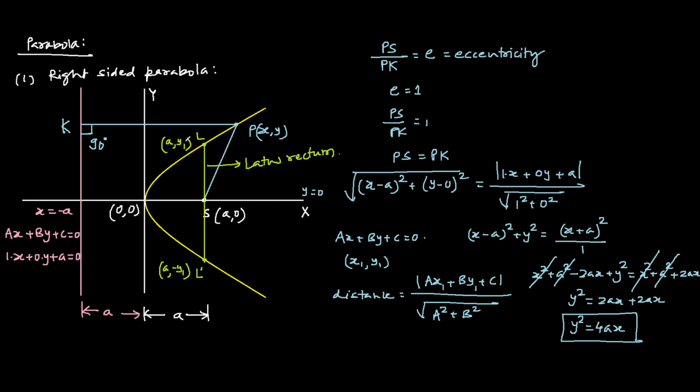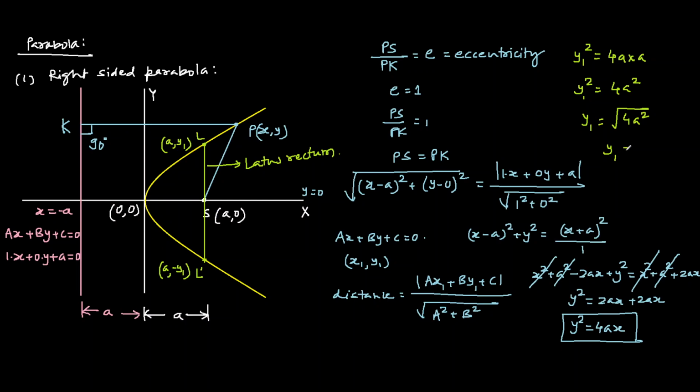So substituting this a, y1 in this equation, we have y1 square equal to 4a and x is a. So y1 square is 4a square. So y1 is the square root of 4a square. It means y1 has two values. One is positive, another is negative.